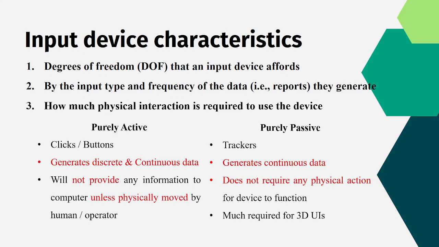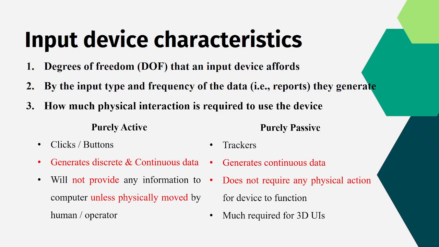Now purely active devices will generate discrete and continuous signals, whereas purely passive devices will generate the continuous signal. What do we understand from this? The purely active devices will not provide any information if you are not handling them, whereas the purely passive devices will always give input to the system whether they are physically handled or not. They will be continuously tracking the location.